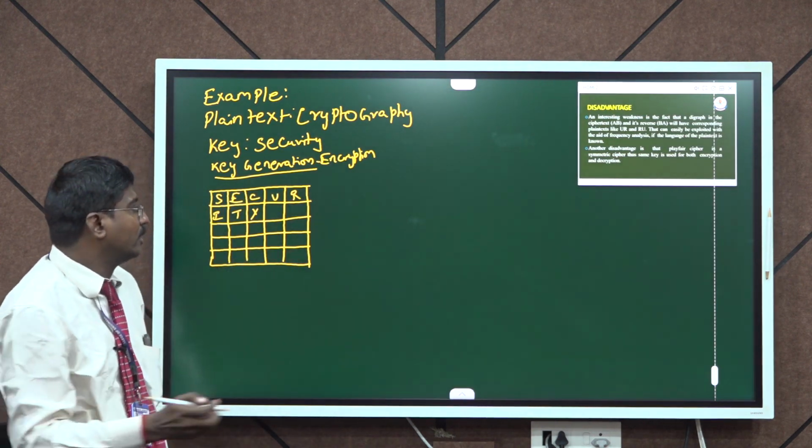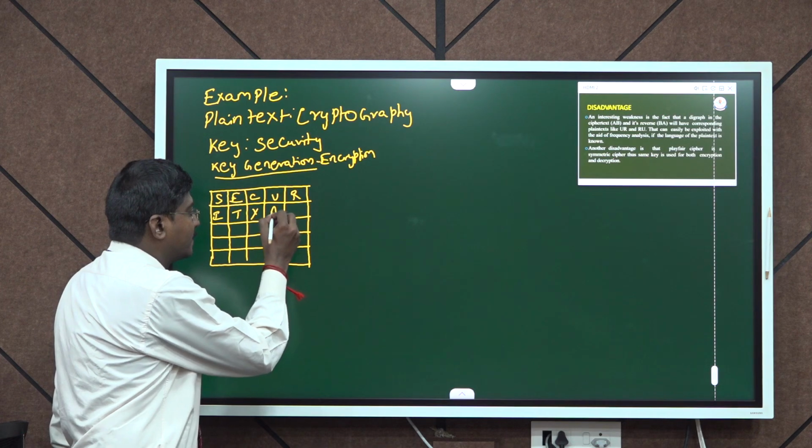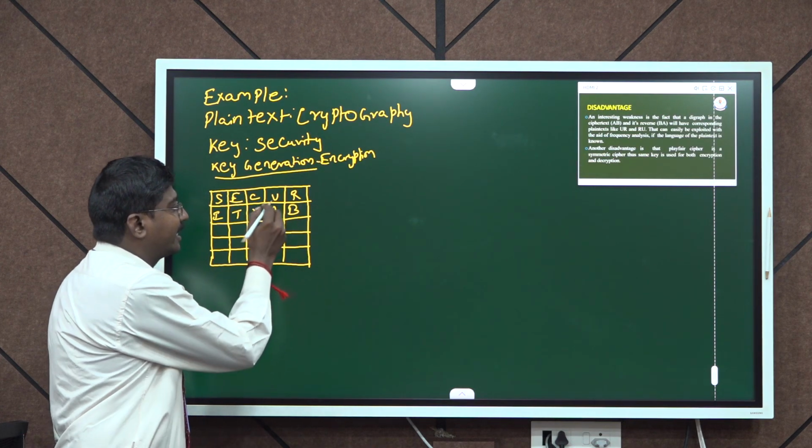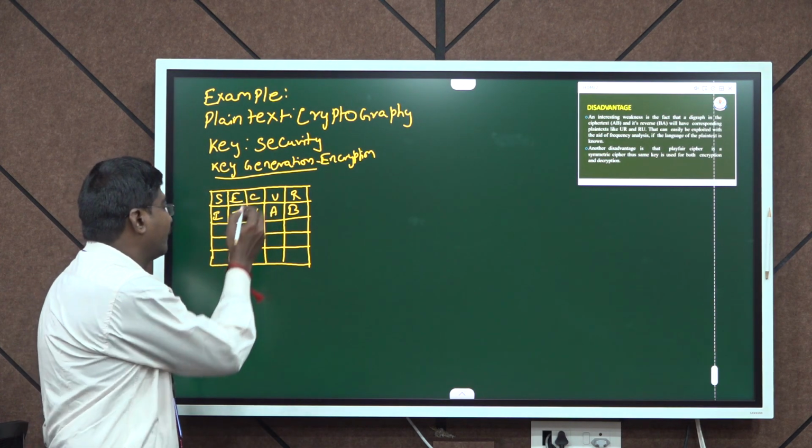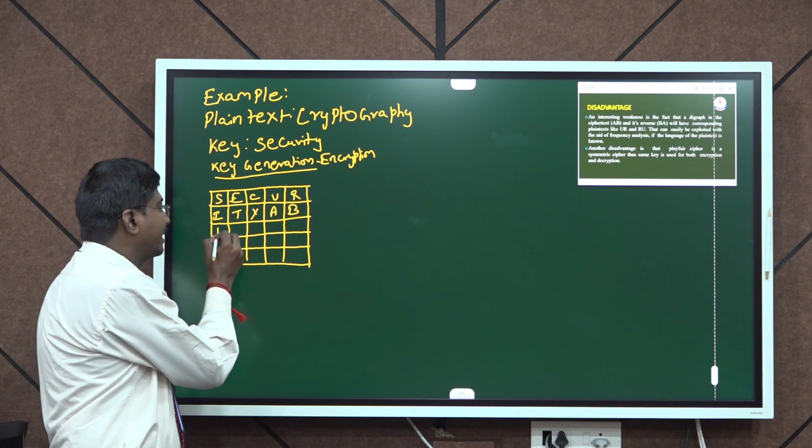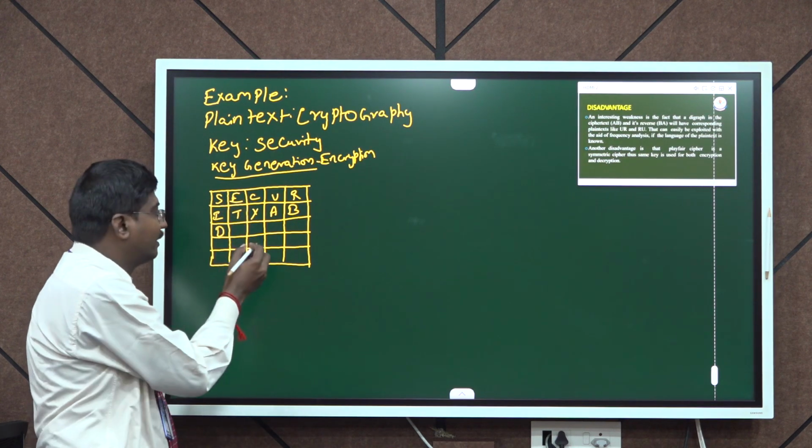A, B, C is already present in the key, so we omit C. Next D; E is already present.